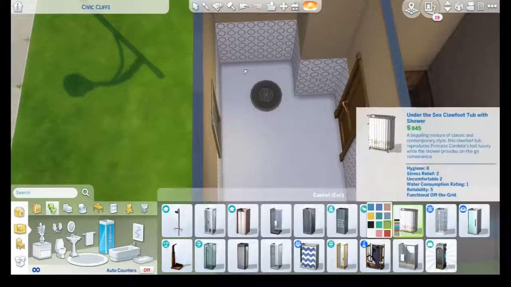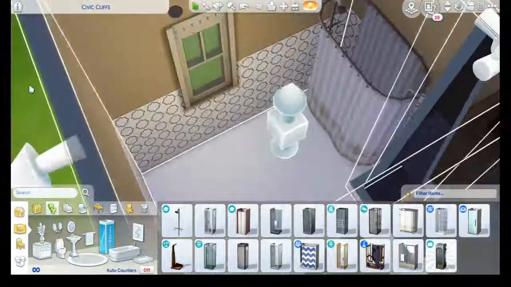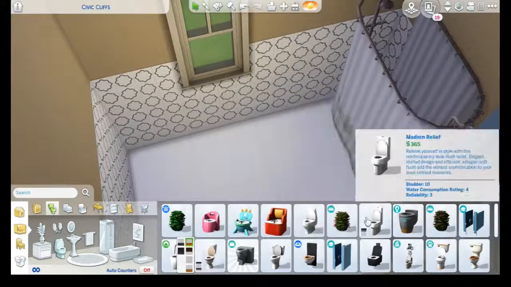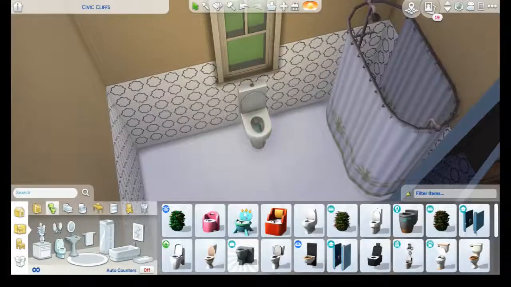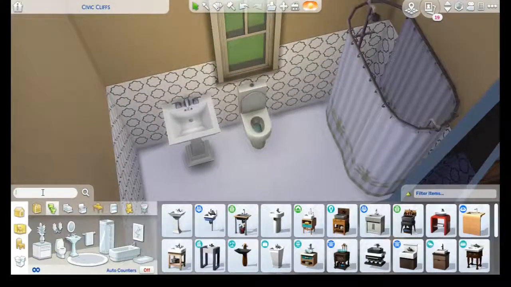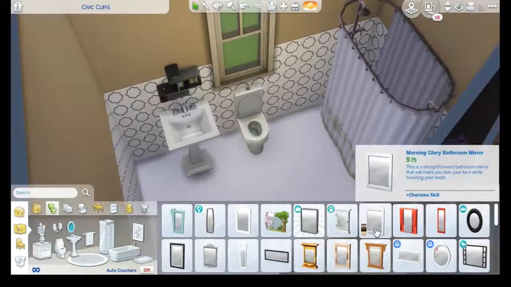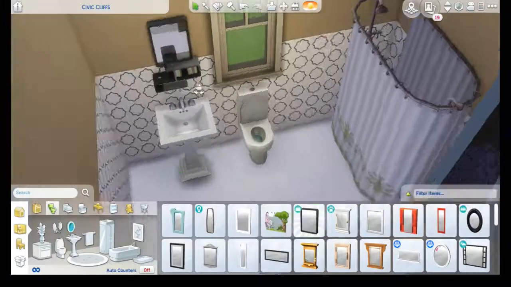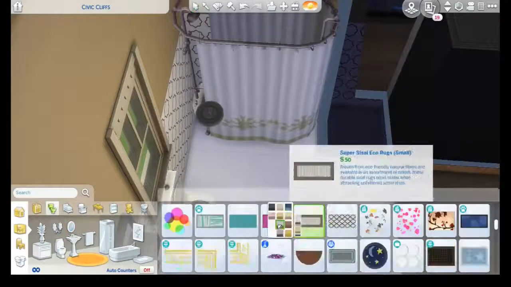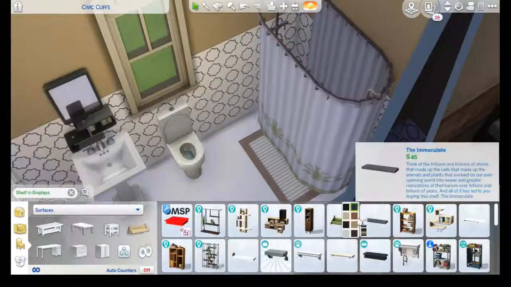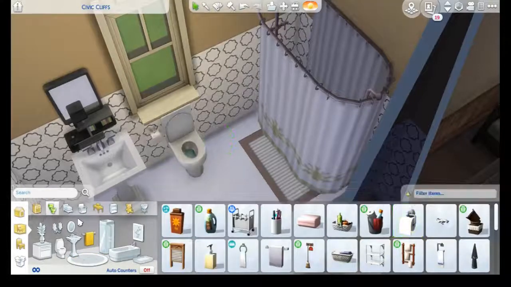So yeah, maybe if you want to download this house, you can put down some more towels and maybe one of those robes that we have from base game, and make it more cluttered. Because I think this was shortly before I closed my game the first time, so my brain was kind of melting, so I wasn't thinking so clearly, maybe. I don't know.